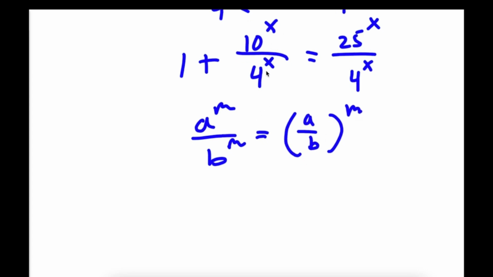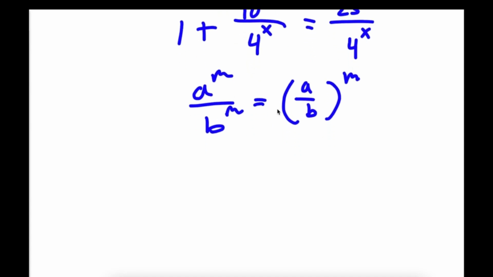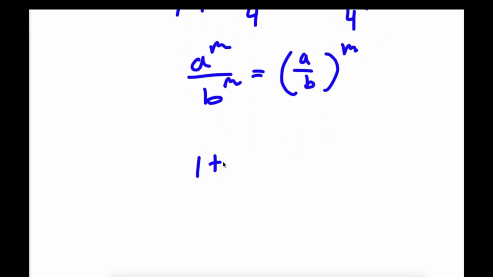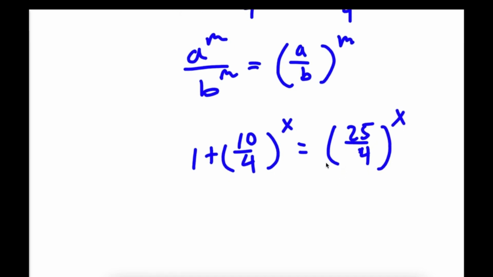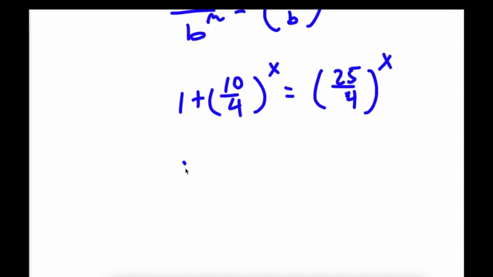So for both 10 to the power of x over 4 to the power of x and 25 to the power of x over 4 to the power of x, I can rewrite this as 10 over 4 to the power of x and 25 over 4 to the power of x. Now 10 over 4 can be simplified to 5 over 2.